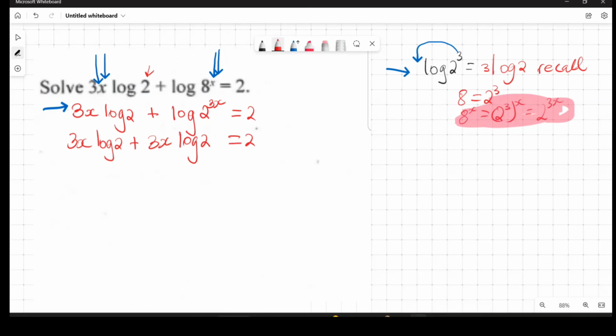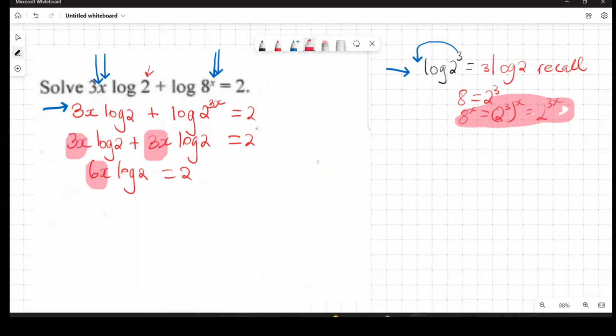So that's like having 6x log 2 equal 2, because 3x becomes 6x, as we're adding them. Or you could have looked at it as 2 times 3x log 2, and then that 2 would have affected the 3 and turned it into 6 anyway. So it's the same idea, all right?